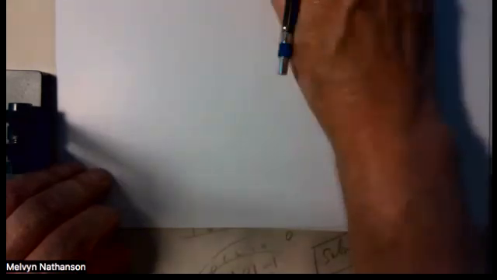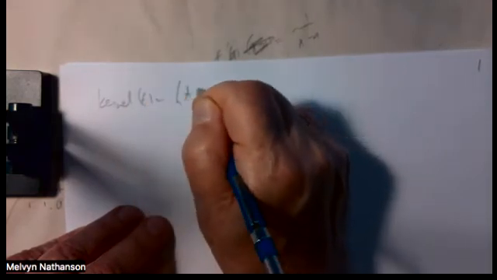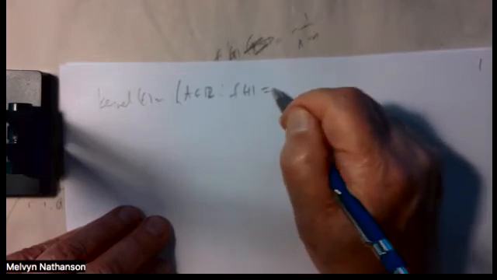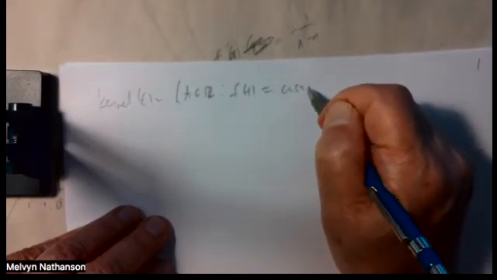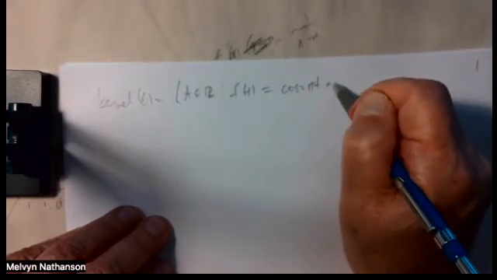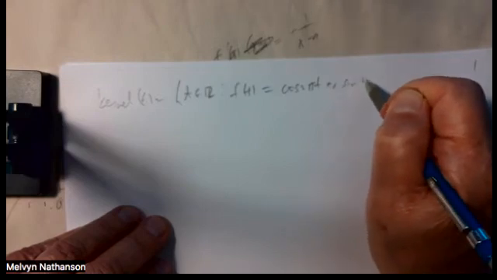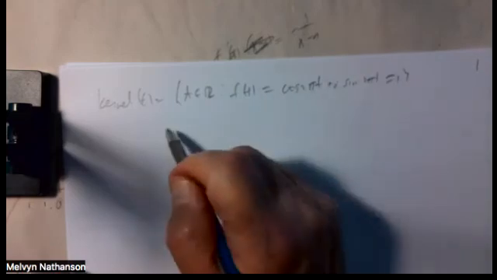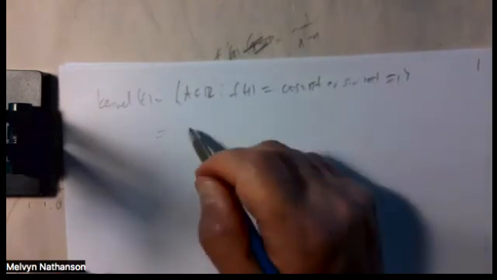So this is a homomorphism. And what's the kernel? Kernel is everything that gets sent to the identity. The multiplicative identity is 1. So the kernel of f is all t in R such that f of t, which is cosine 2 pi t plus i sine of 2 pi t, is equal to 1. When is this equal to 1?